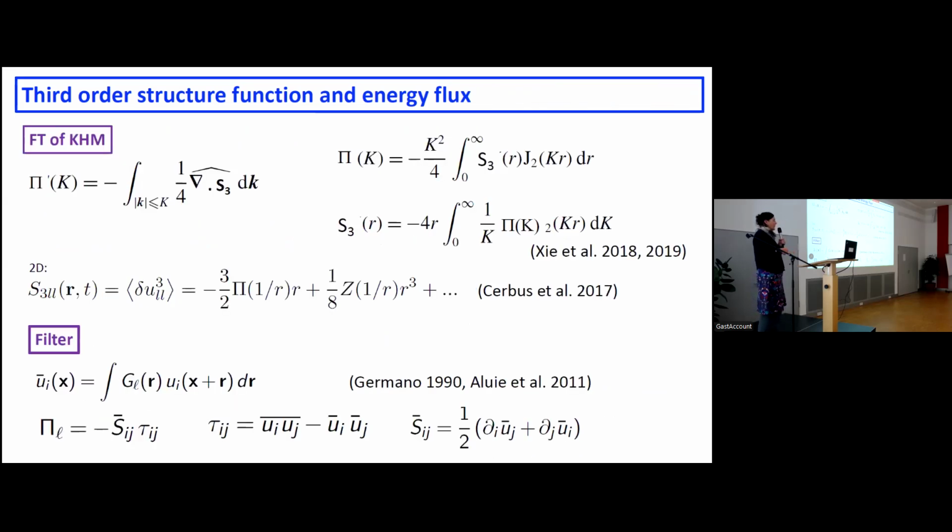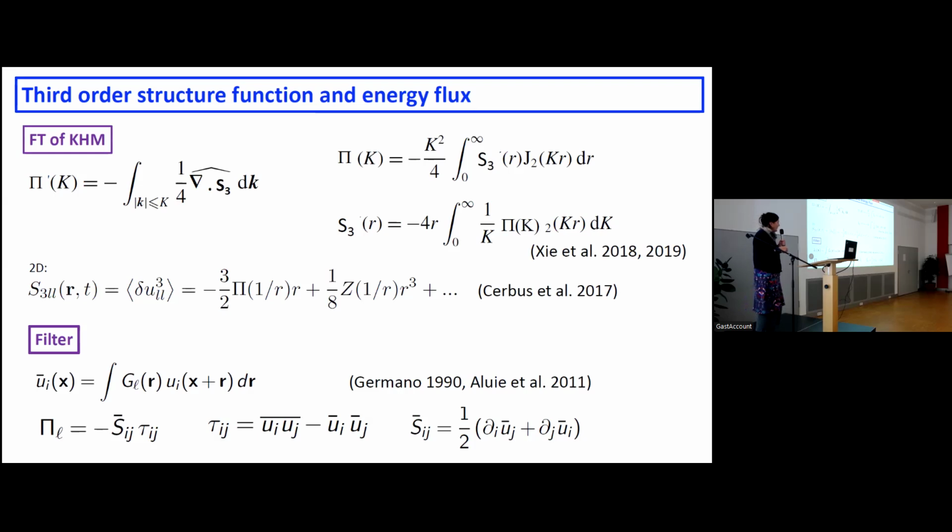So without invoking these inertial range assumptions, you can also just take the Fourier transform of this KHM equation, and then you get a relation of the spectral energy flux as a function of wave number, and it's then this integral of the divergence of the third order structure function.